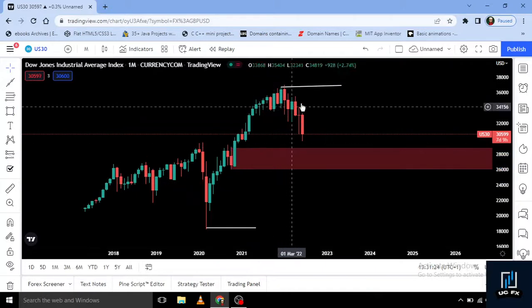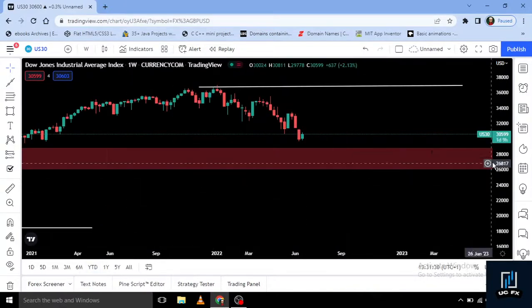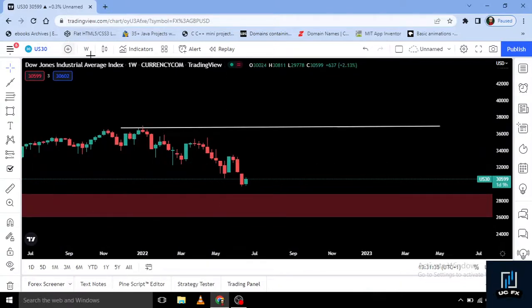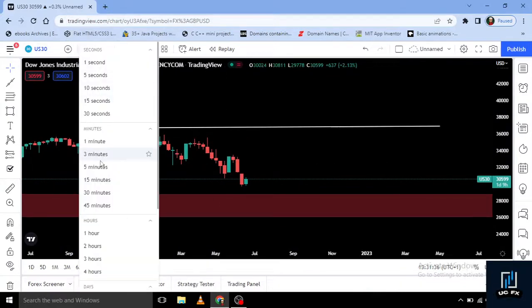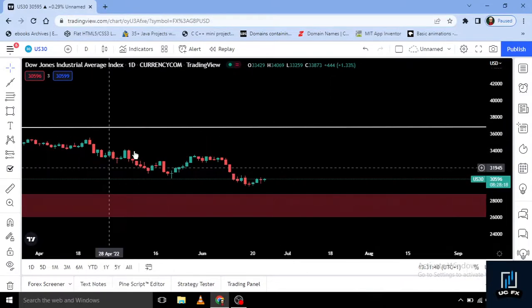Prior to that movement, if you go down to the weekly time frame, you can see the market is entirely bearish inside this zone. You go down to the daily time frame, the market is bearish as well.